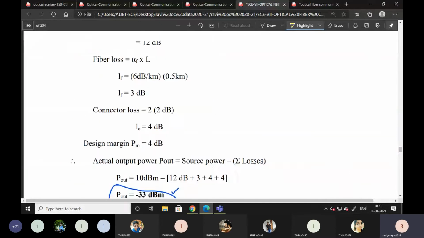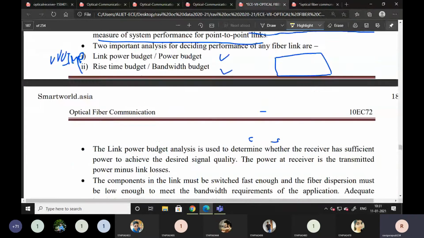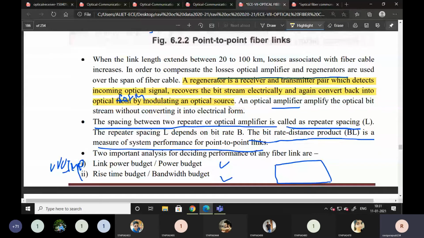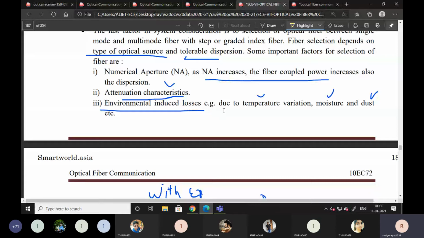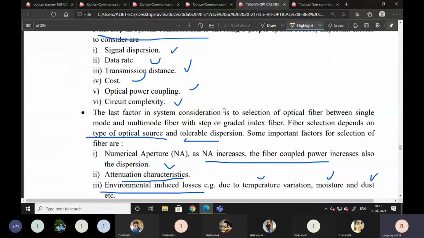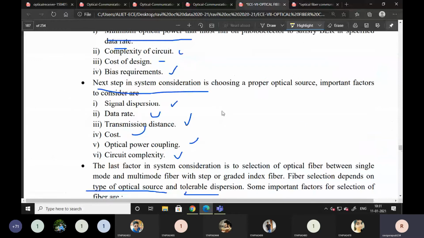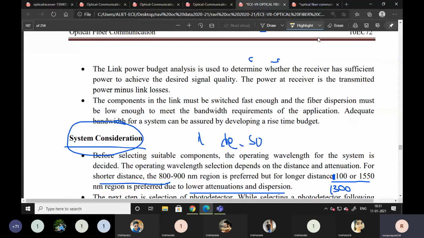Previously also I gave one point about the regenerator. What is a regenerator, and what about the system link power budget?